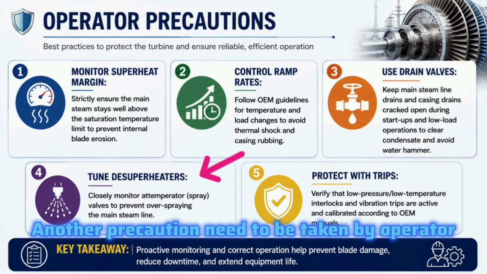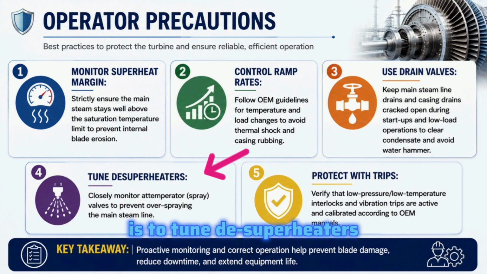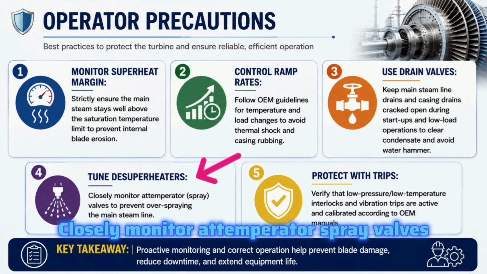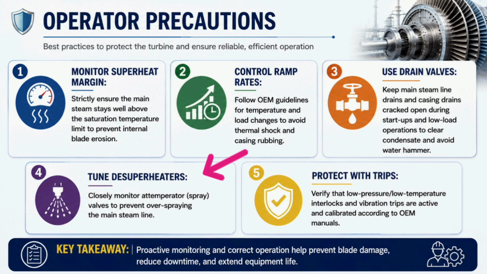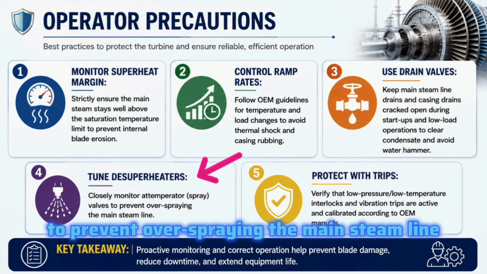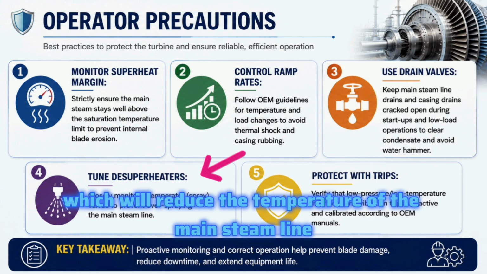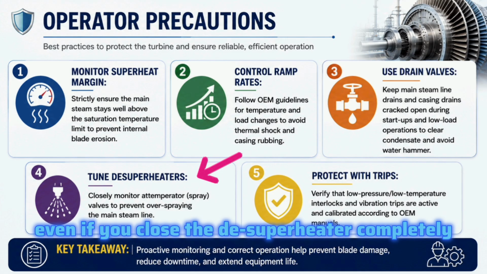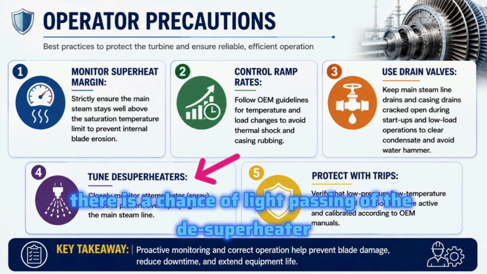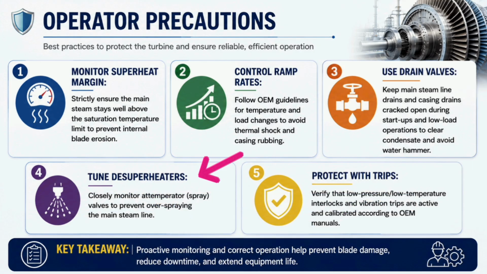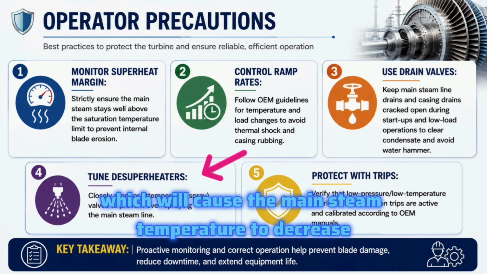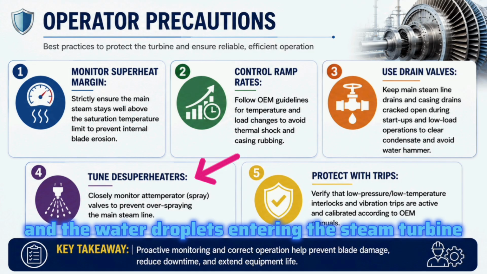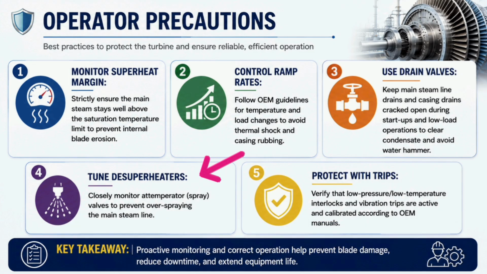Another precaution to be taken by the operator is to tune desuperheaters. Closely monitor attemperator spray valves to prevent overspraying the main steam line, which will reduce the temperature of the main steam line. At partial loads, even if you close the desuperheater completely, there is a chance of light passing of the desuperheater, which will cause the main steam temperature to decrease and water droplets to enter the steam turbine.